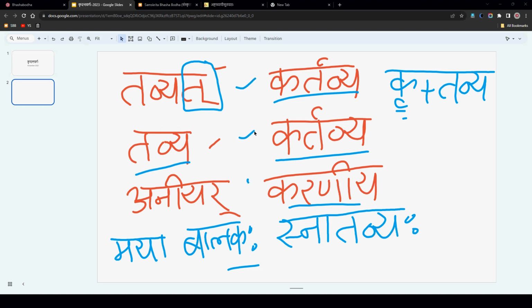That means these are used in the sense of to be done, and also they are used in Karmani Prayoga. Maya balaka snatavya. Balaka needs to be bathed by somebody. Maya, Taya, Tvaya, etc. So Tavya and Aneeyar are used in the Karmani Prayoga, Karmanyarthe.